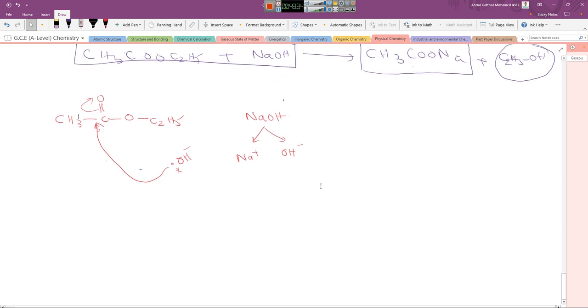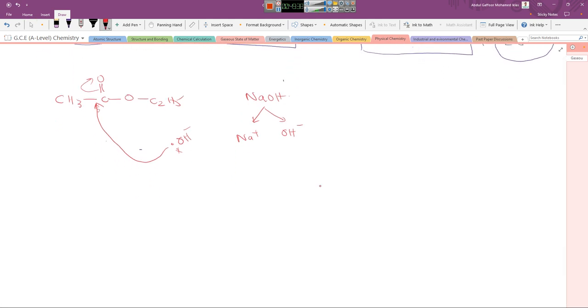So now I can write this as CH3CO with a negative sign, because the double bond has now become a single bond, and here we have OH, it has been attacked, and we have OC2H5. Okay, now we have to remove this group.